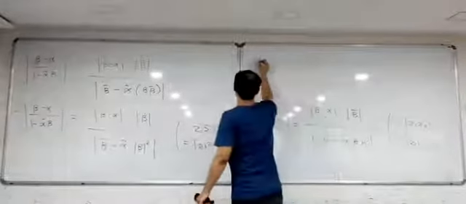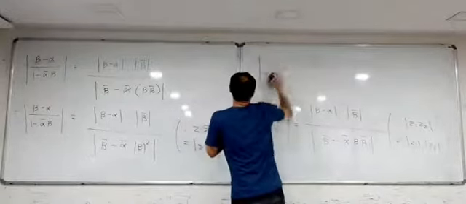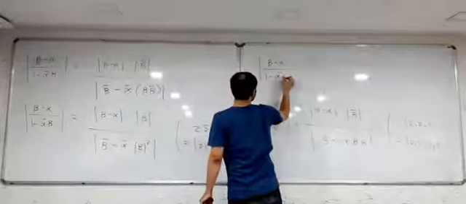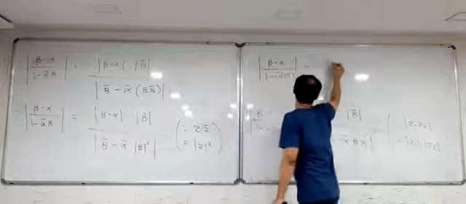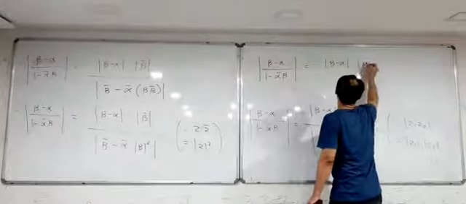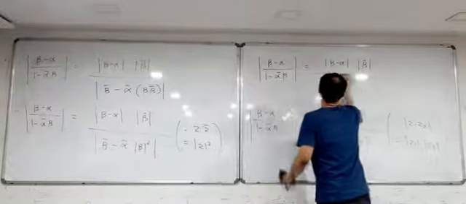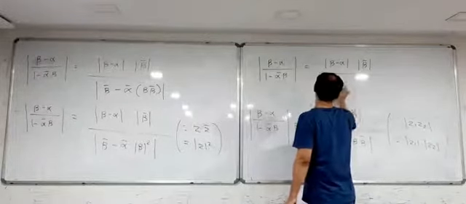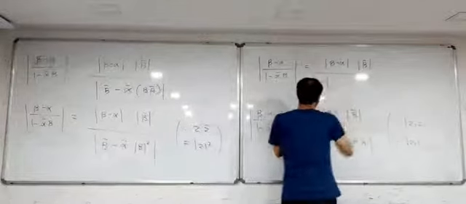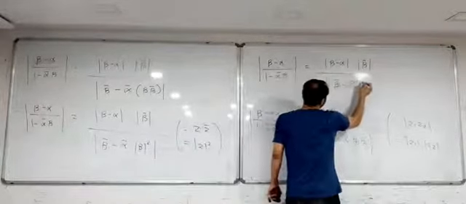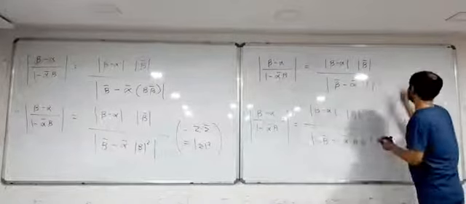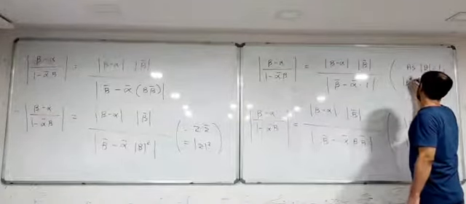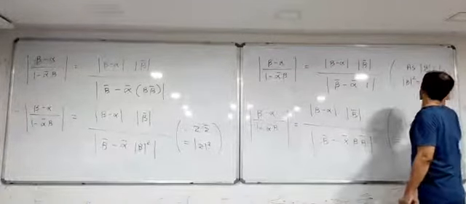So the modulus of (beta minus alpha) whole upon (1 minus alpha bar into beta): in the numerator we have magnitude of (beta minus alpha) into magnitude of beta bar, whole upon magnitude of (beta bar minus alpha bar) into 1, because the magnitude of beta is 1, so magnitude of beta the whole square is 1.